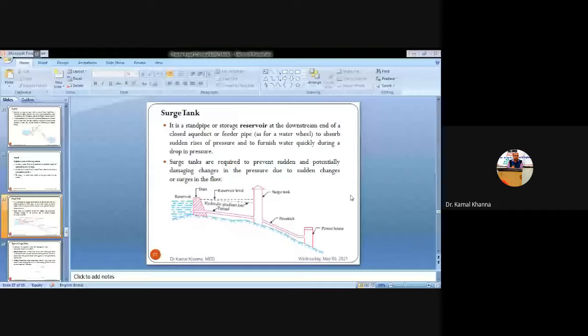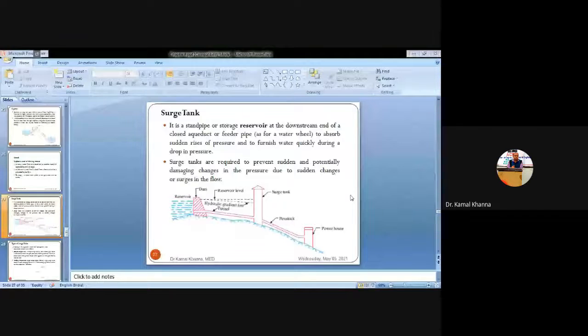So the velocity has also been reduced, because the velocity becomes equal to zero as the water has come to rest.